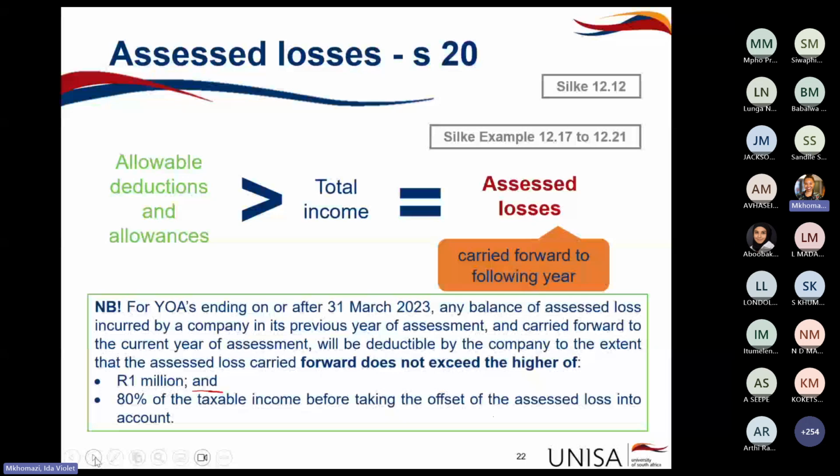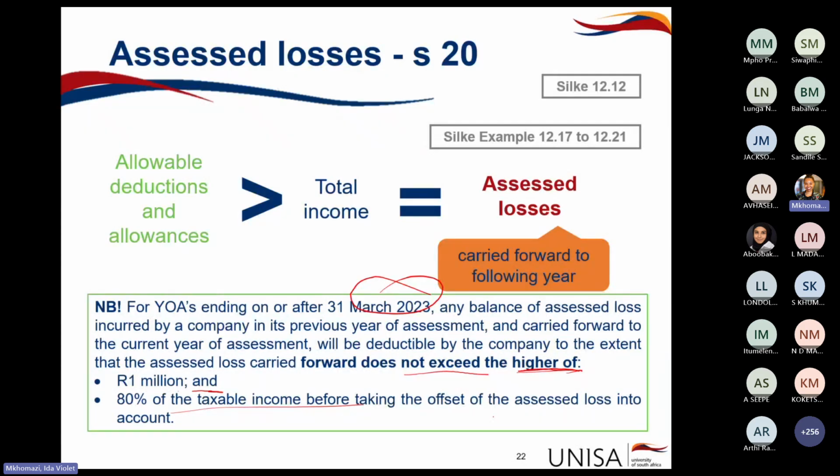Now for assessed losses, remember we are saying that the assessed loss is the very last deduction in the calculation. Principle-wise, I just wanted to remind you that since March 2023, the deduction for the balance of assessed loss should not exceed the higher of 1 million and 80% of taxable income before taking into account this assessed loss.